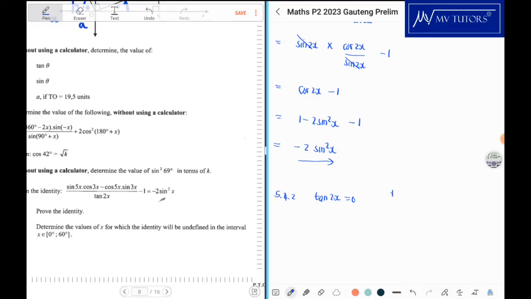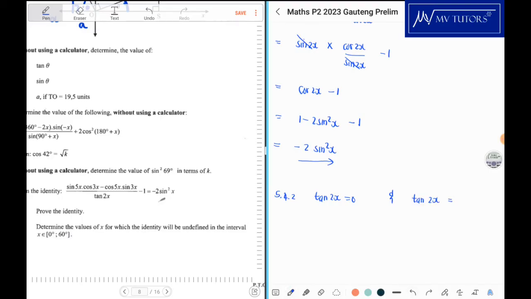Okay, so we would say that tan 2x would be undefined if, actually, not the entire, so the denominator. Actually, I shouldn't have rubbed that out.